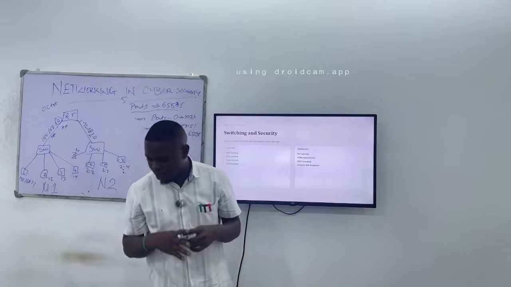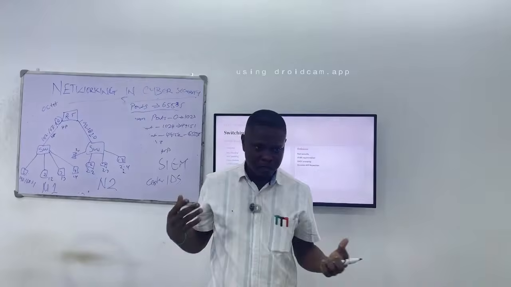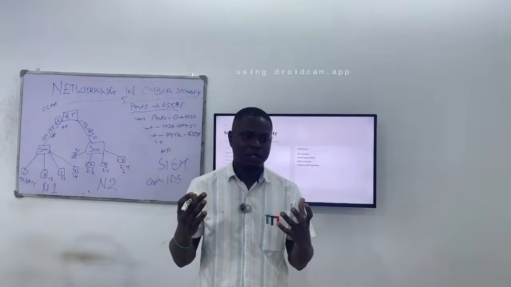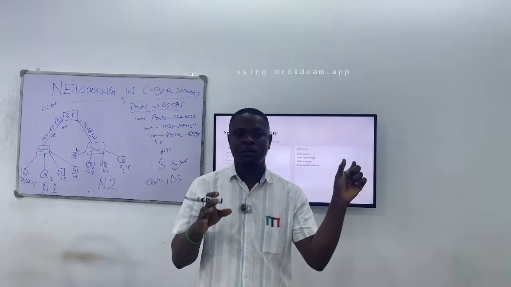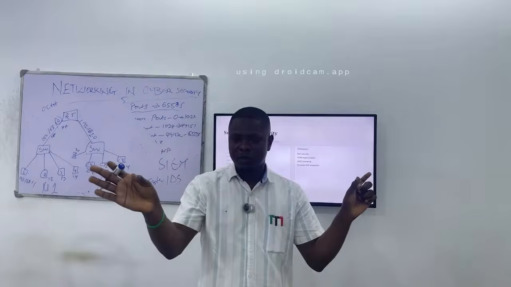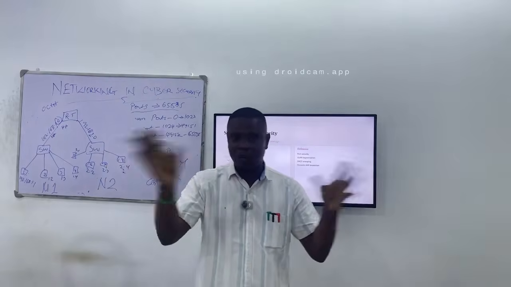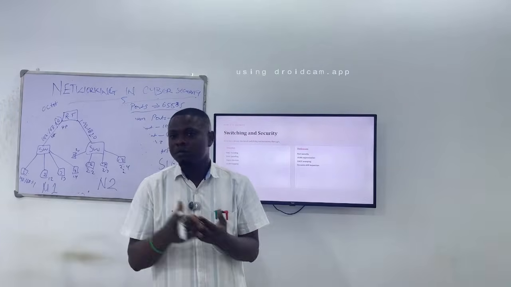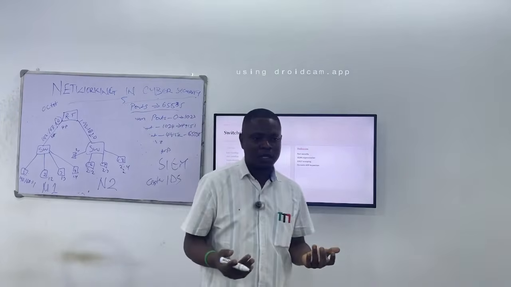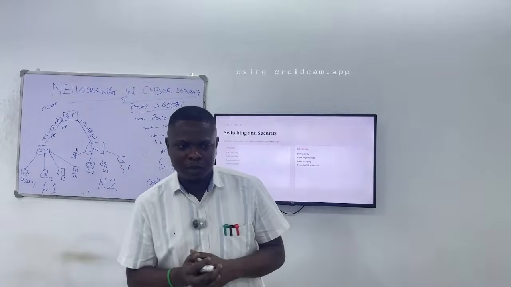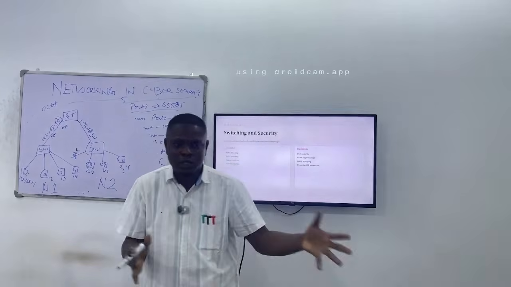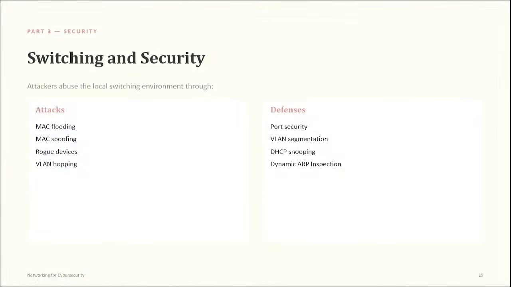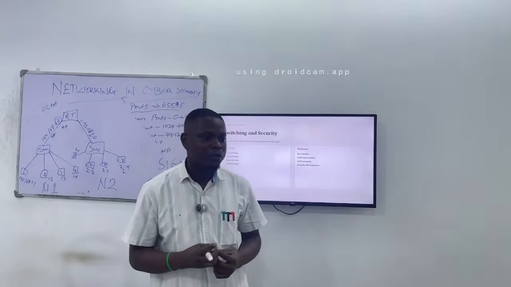I'm an attacker: I flood the network with so many MAC addresses, and when a port is given to any of my MAC addresses, I intercept it. I can even carry out a man-in-the-middle attack from there. I talked about man-in-the-middle attack in the previous class, intercepting communication between systems.